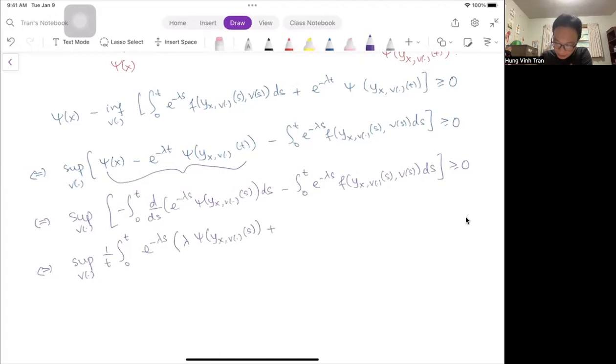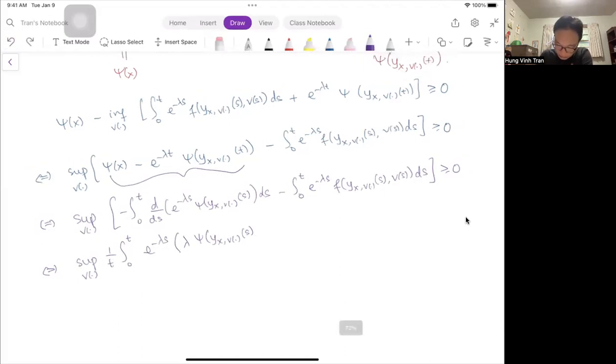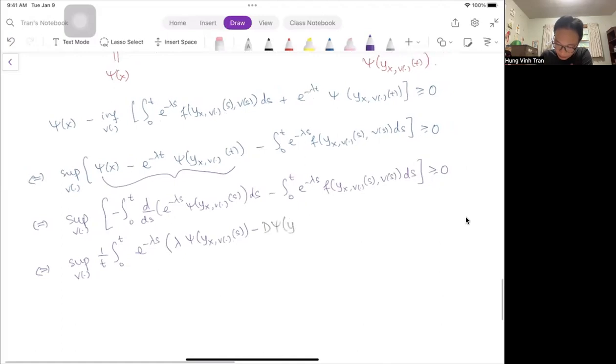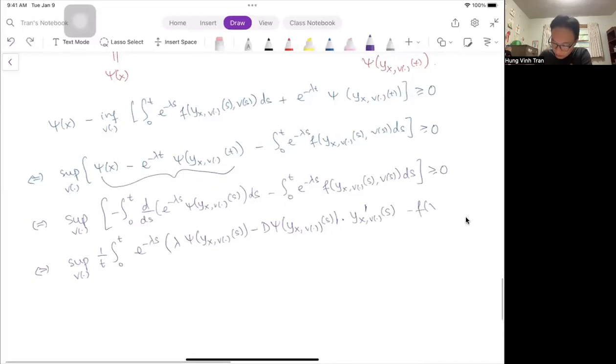Differentiating the c term, you have a minus Dc(y_x(s)) dot y_x'(s), minus f(y_x(s), v(s)), everything ds, greater than or equal to 0.